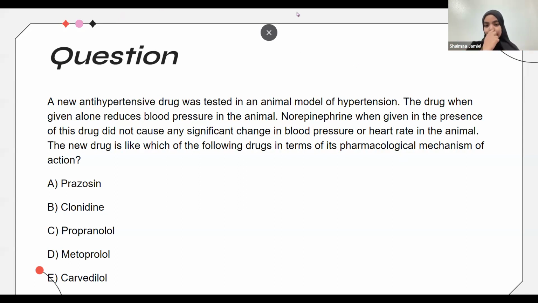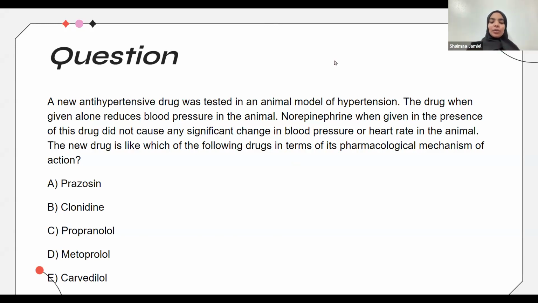So yeah, I was wrong about the reflex tachycardia. Reflex tachycardia is if you block the alpha. Norepinephrine stimulates the alpha, so it's going to cause reflex brady, but then it's going to cause tachy eventually because it will bind to the beta receptors, but it's more selective to alpha. So yeah.